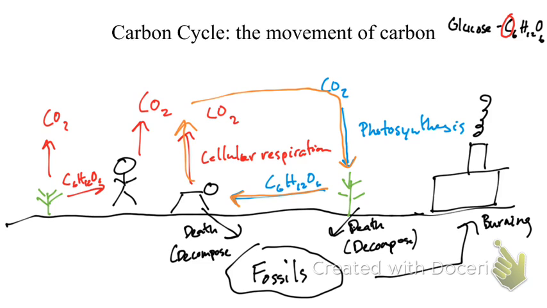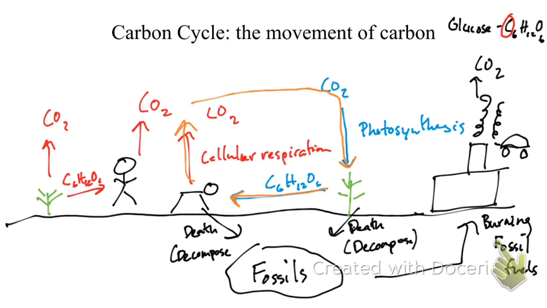So anytime we burn something, like fossil fuels, here I'm drawing a factory. You can also think of other things that burn fossil fuels. I could draw a car here, right? So I'll just draw a car up here. Anything that burns fossil fuels is moving carbon dioxide into the air.